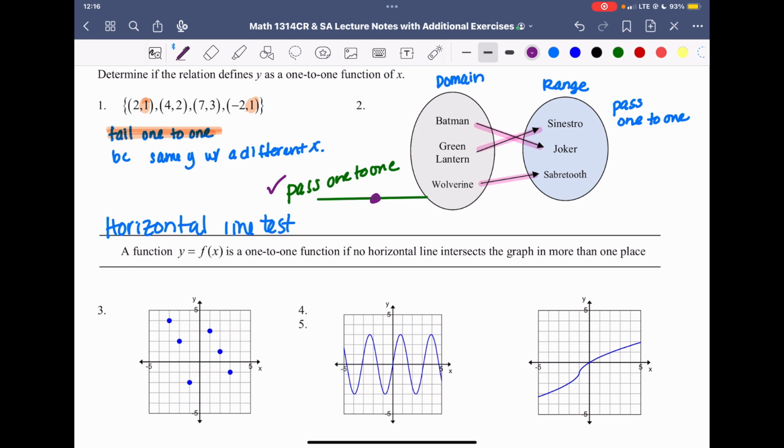Now this is an example of a fail. If I have my horizontal line down here and I have this point on the line, this point on the line, as long as it's more than one point, this is going to be a fail of one-to-one, because this is a fail of the horizontal line test, okay?